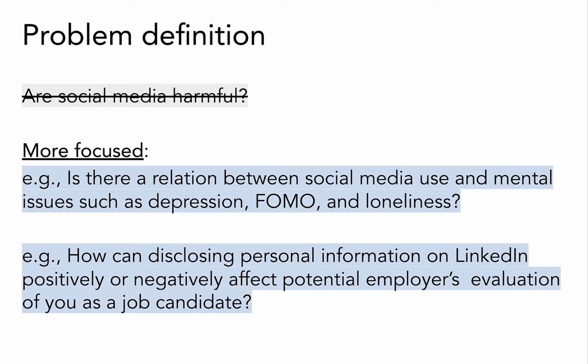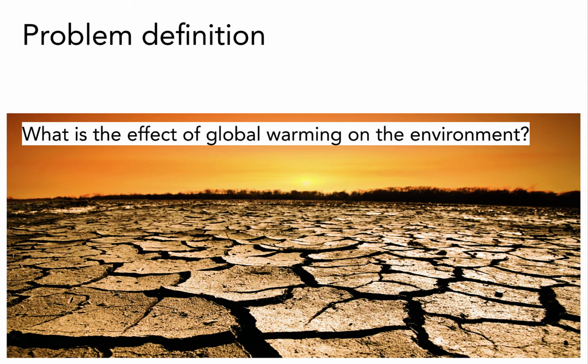as a job candidate? Another example in a different field would be, for example, what is the effect of global warming on the environment? This is a massive question. There is no easy answer to this. Scientists have been working on this for decades, and there are so many different aspects to global warming, so many different aspects to how it impacts the environment, that it's much better to just make it more specific and then tackle that one specific issue.